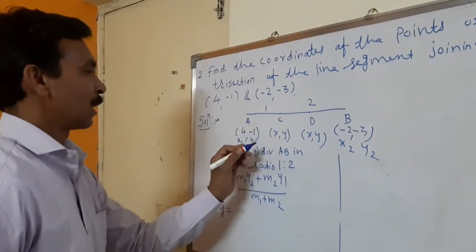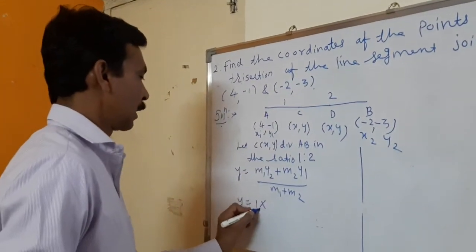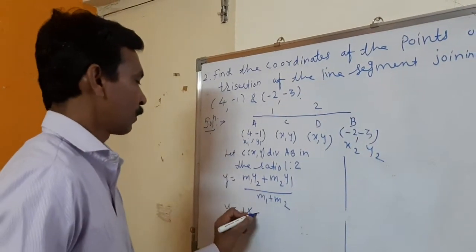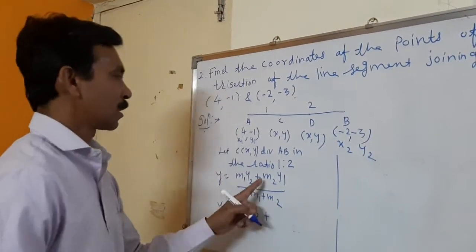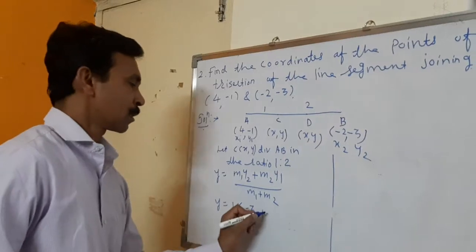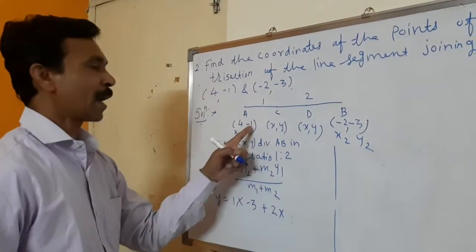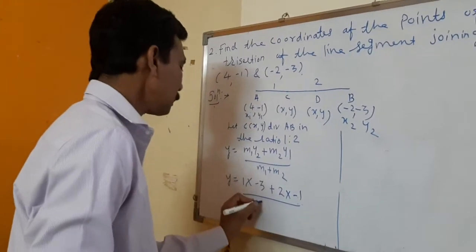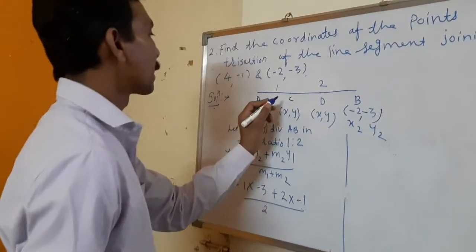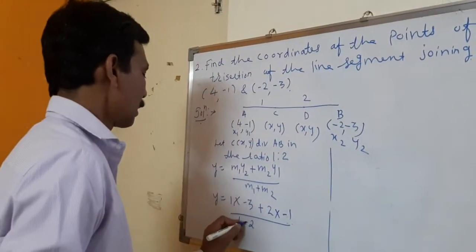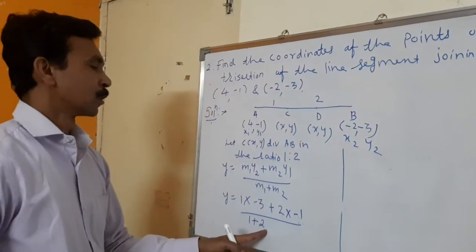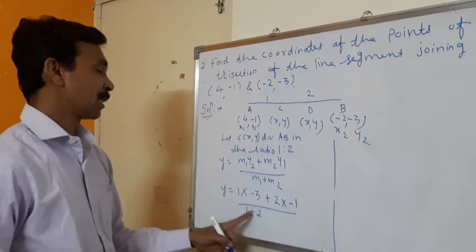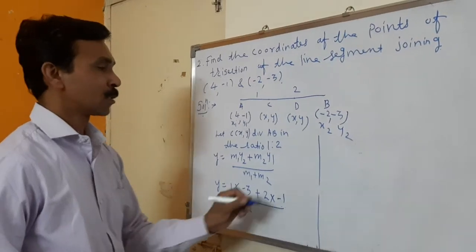Y is equal to m1 is 1 into y2 is minus 3 plus m2 is 2 into y1 is minus 1 upon 1 plus 2 because m1 is 1 and m2 is 2.